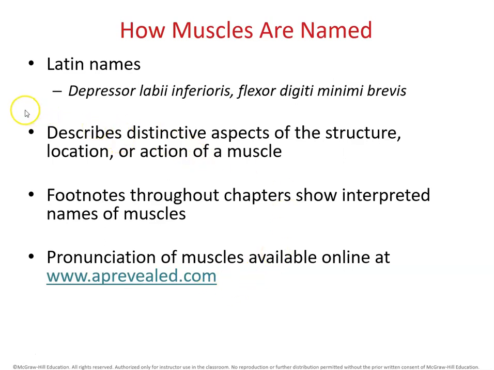So the names are generally Latin names, and they tell about the structure or the action or the location of the muscle, and a lot of times several of these different descriptors all together. And you'll see as you read your textbook that there's a lot of information about how the muscles got their names and why their names are logical choices. If you have any questions about how muscles are pronounced, take a look at this resource here.